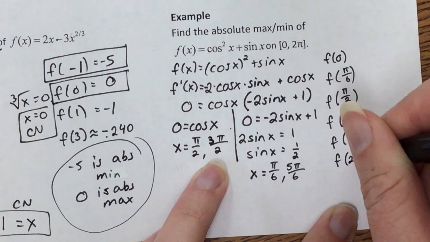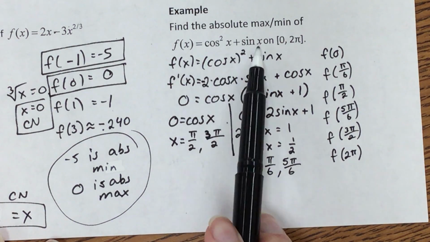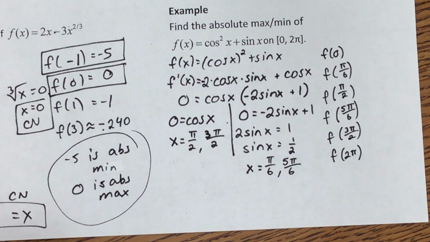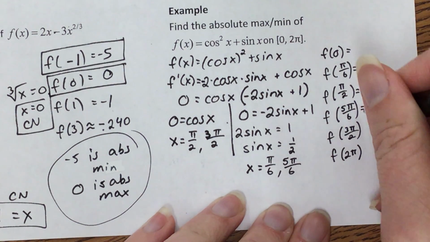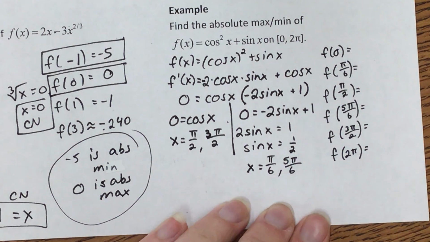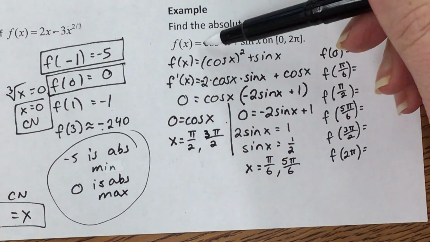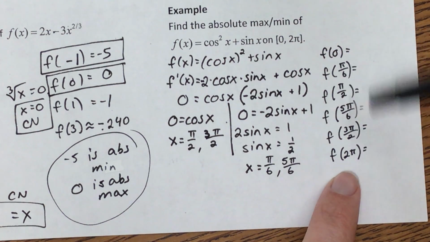And f of 2 pi. Plug this in your calculator. It'll get you numbers instead of getting square roots and trying to compare square roots and fractions and all that. That's kind of messy. So my recommendation, plug this into your calculator, and then you'll have to do the y1 thing.